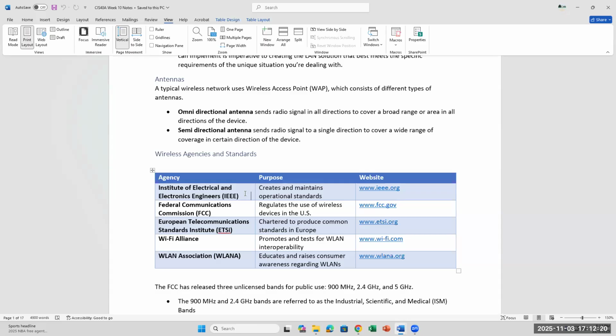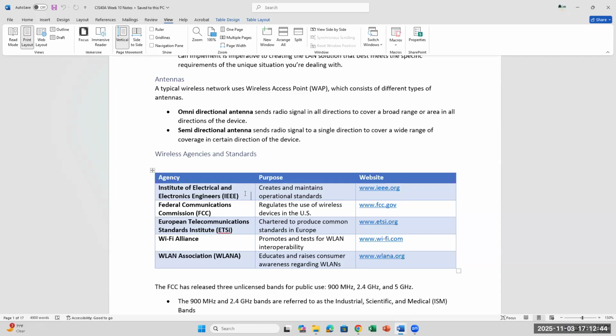And then your Wi-Fi Alliance promotes how your wireless technology, like Bluetooth and your regular 802.11 standards, is tested. Now, can you buy a system that's not tested? You can, right? Tested just gives you a little bit more assurance in how it can interoperate.